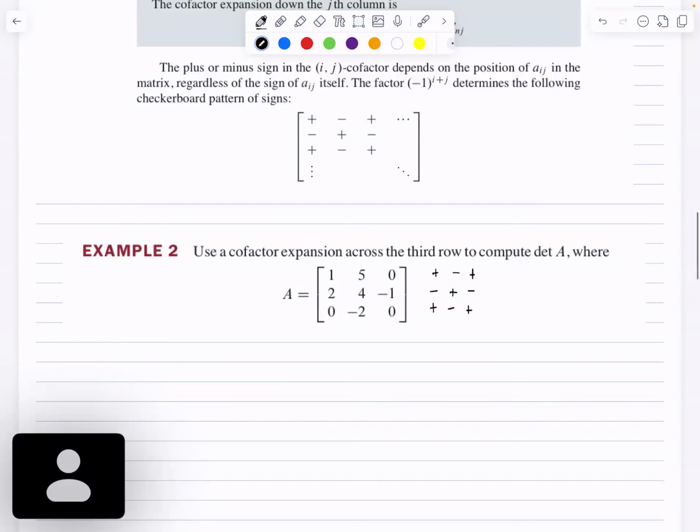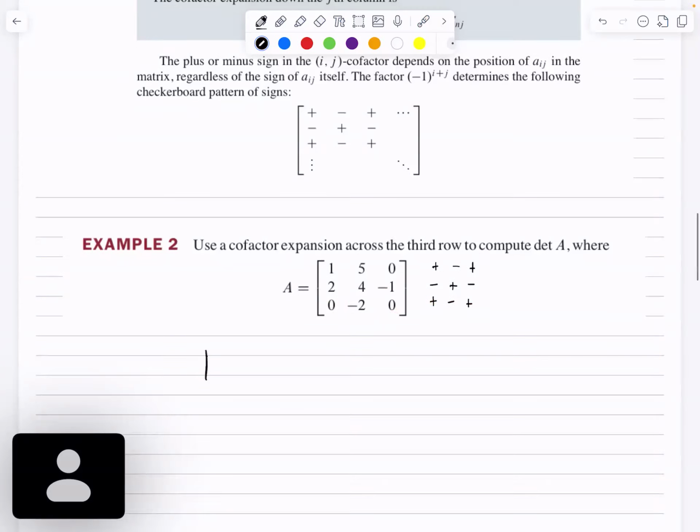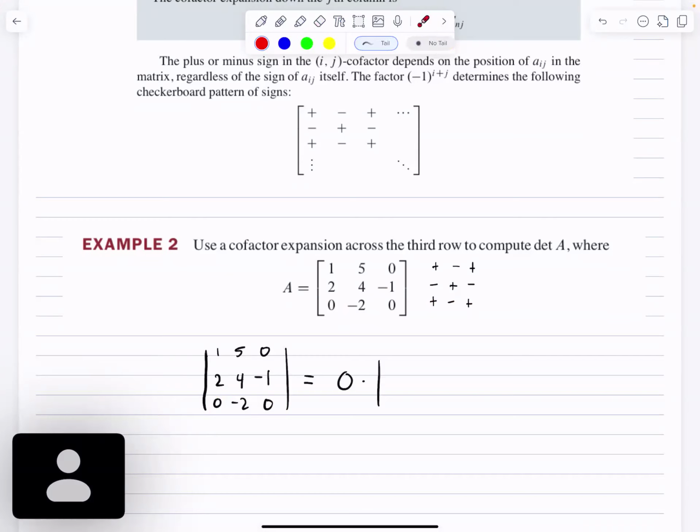And so by definition, the determinant of this matrix, which we write with absolute value bars, 2, 4, -1, 0, -2, 0, and cofactor expanding along the third row, I'll do 0 times the determinant of the submatrix, where I get rid of his row and his column, and so it's that guy.